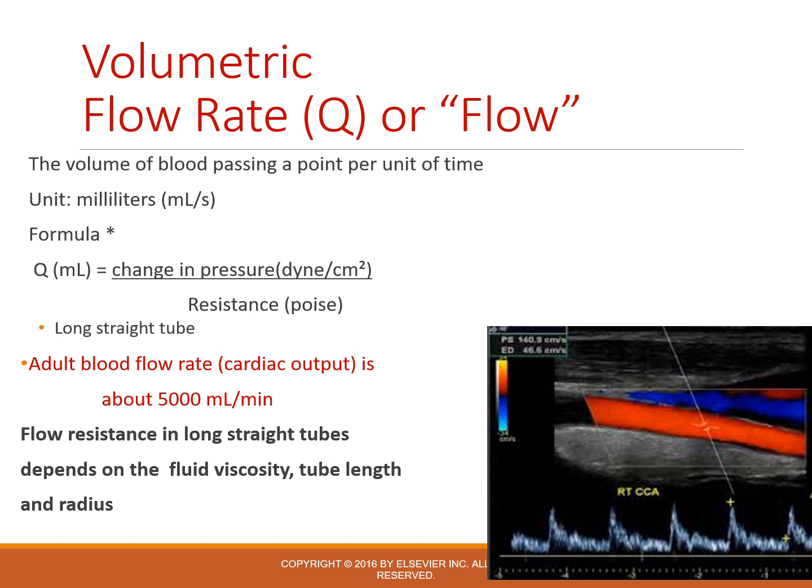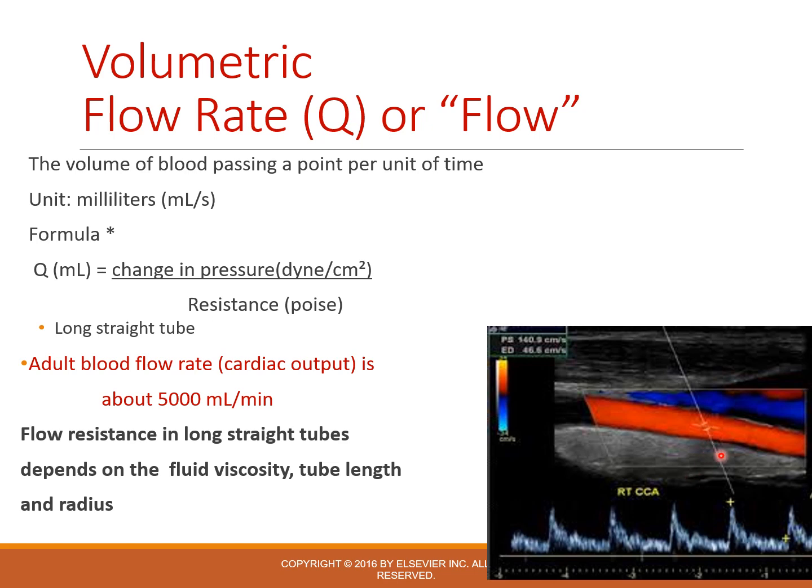On the arterial side, we're looking a lot more at volumetric flow rate, or Q, or the overall flow. So the volumetric flow rate is the volume of blood passing a point per unit of time. So if you look at this example here on the right, you can see this little cursor, and that is going to be right where we're taking a sample.